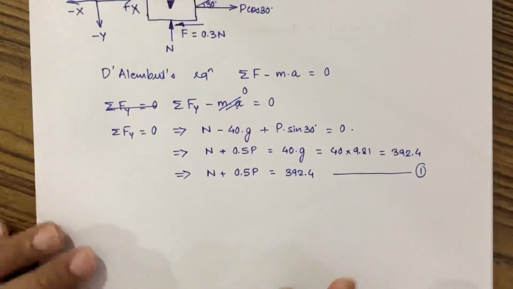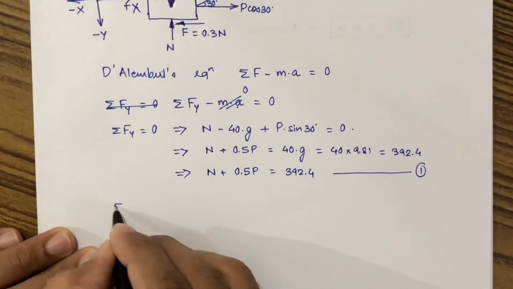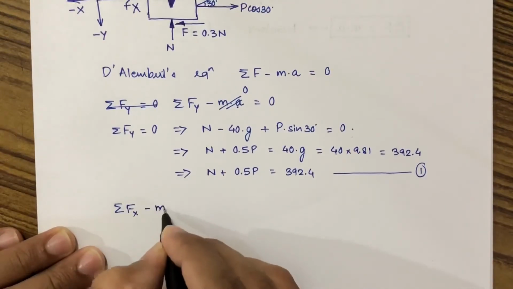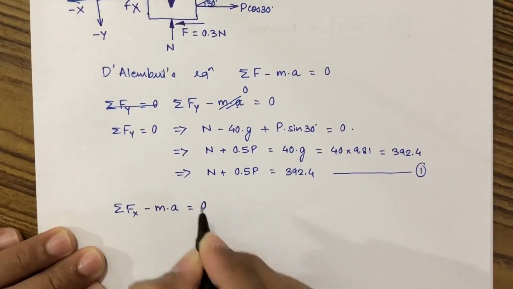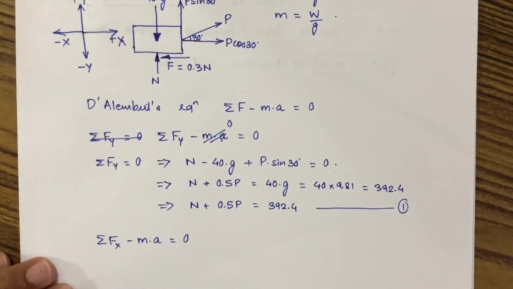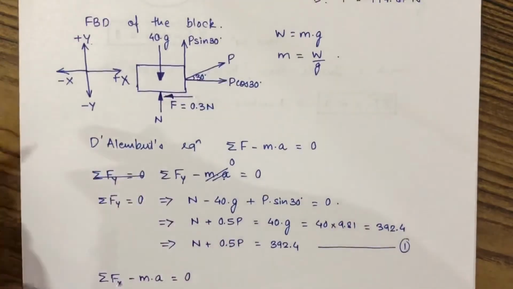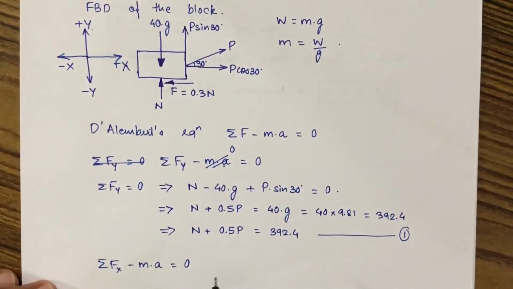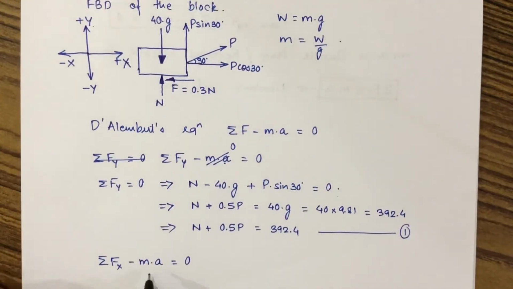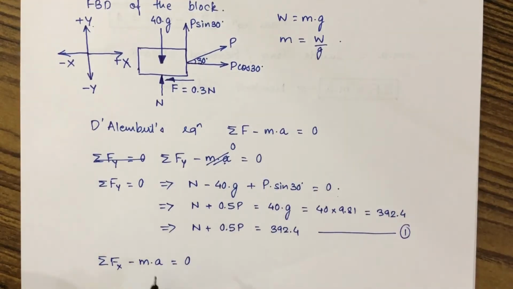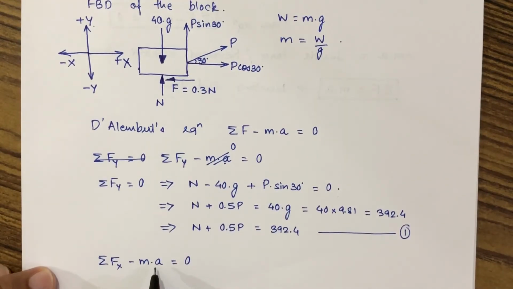Clear? Now the next condition of equilibrium is summation Fx minus m into a is equal to 0. According to D'Alembert's equation, we have to write this as summation Fx minus ma is equal to 0. Now as the block is moving in the x direction, acceleration will also be in this same direction, hence we write minus ma.